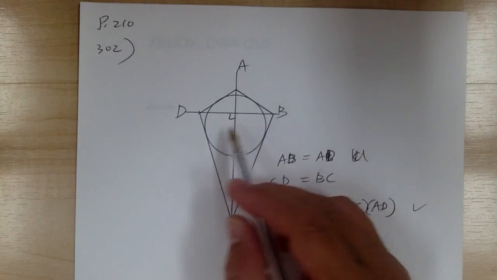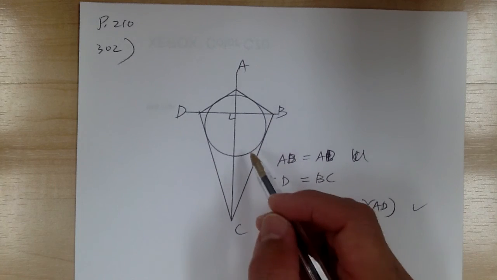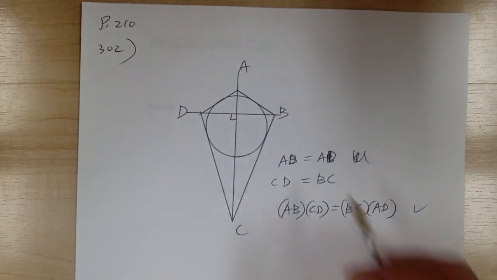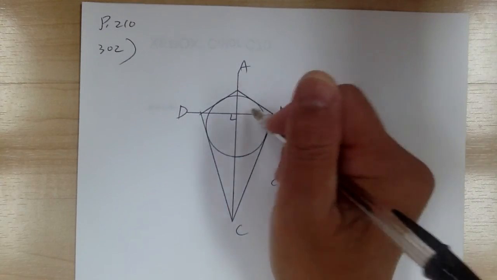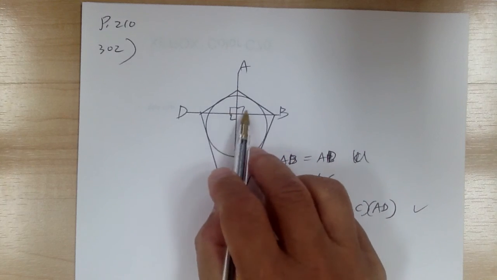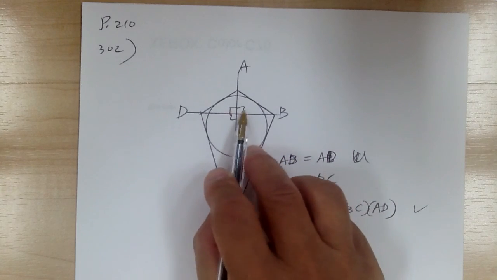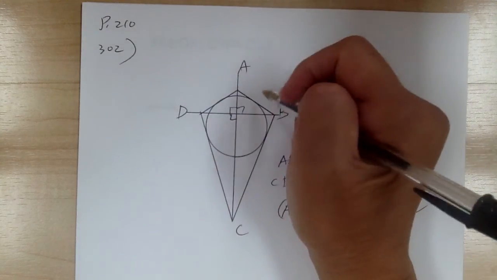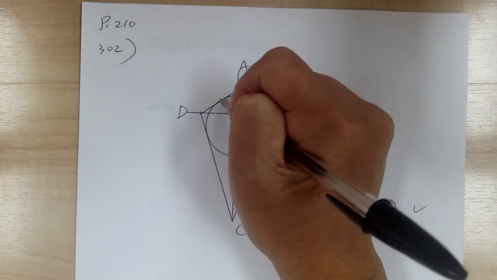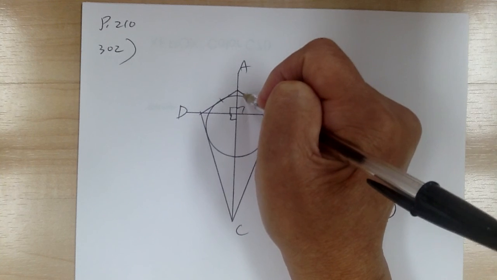So the part you have to prove is that it is a kite. You can go and just prove it. Like this one over here, these are right angles that have to be congruent, and the tangent point, this is congruent to this.